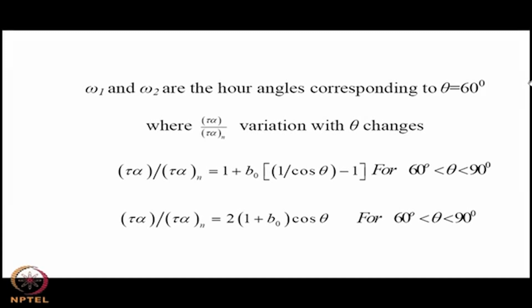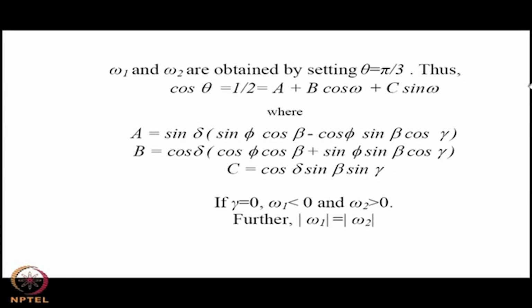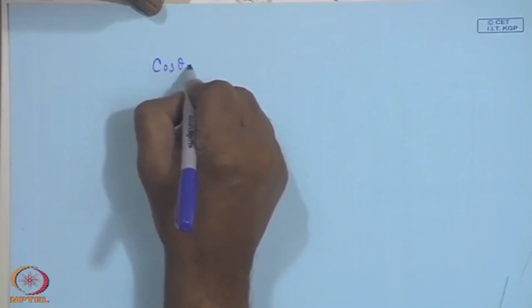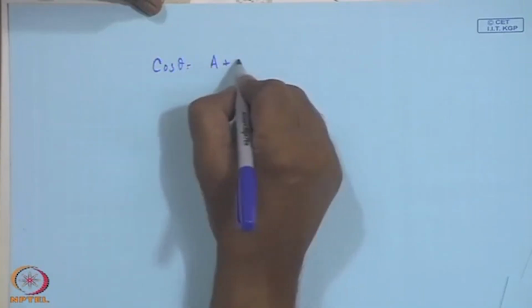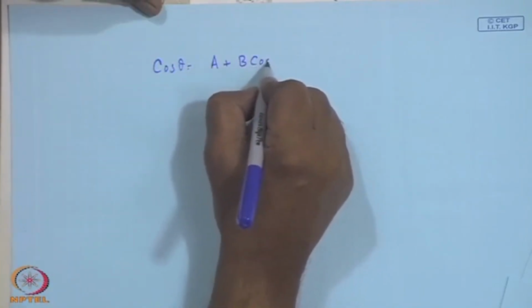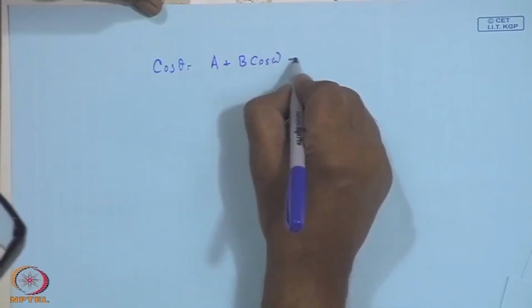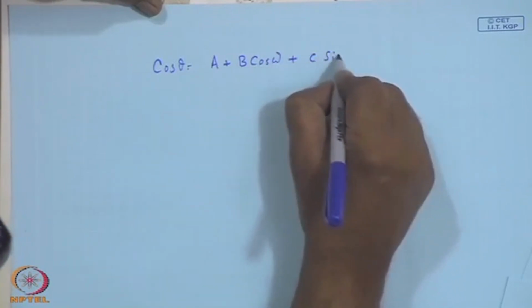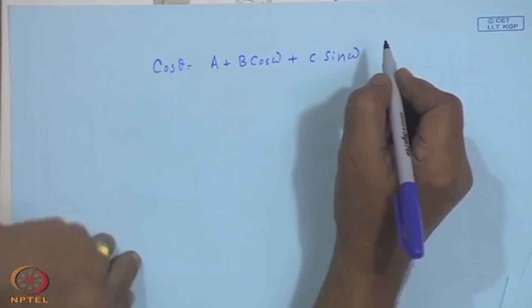So, omega 1 and omega 2 are obtained by setting cos theta equal to cos 60, which is half, equal to our general relation for cos theta, a plus b cos omega plus c sin omega.